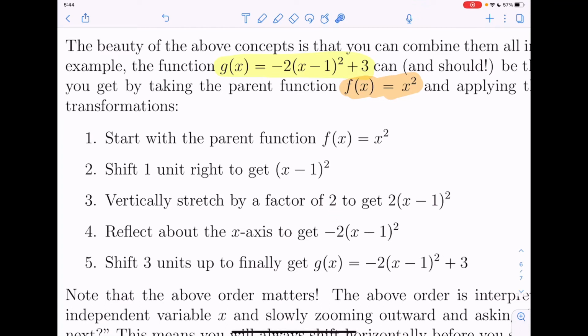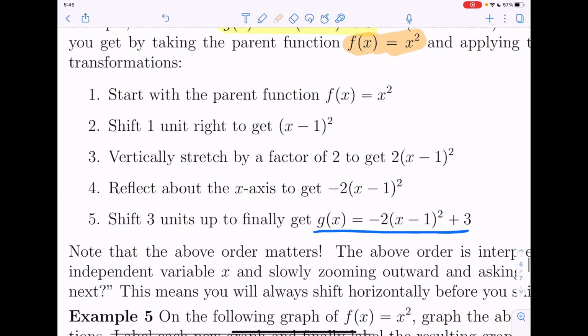The next thing you notice is this negative, and a negative on the outside of your entire function results in an x-axis reflection. And then finally, what you notice is you see this +3. And this adding of 3 to the entire function results in a vertical shift of 3 units. And then finally, when you undergo all of those, you build your overall function g.